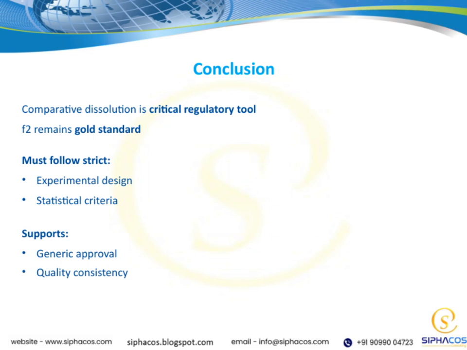Of course, when using this method, it's essential to follow a strict experimental design and adhere to clear statistical criteria to ensure reliable results. These principles support important objectives like gaining generic approval and maintaining consistent quality across products. Overall, these tools and standards are vital for safeguarding patient health and ensuring the integrity of our pharmaceutical offerings.